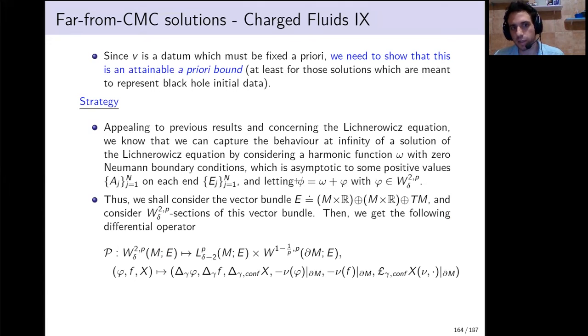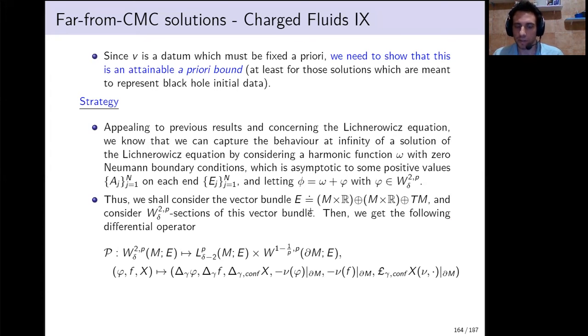And so we are splitting again the conformal factor as some harmonic function which has Neumann boundary conditions and is asymptotic to specified positive constants at infinity. This relates to what we were discussing around the Helmholtz decomposition. So we do this splitting, and then we rewrite the Lichnerowicz equation for this curly phi.